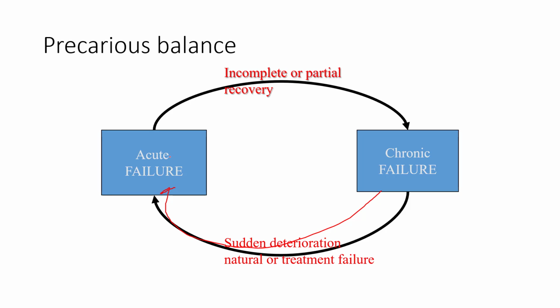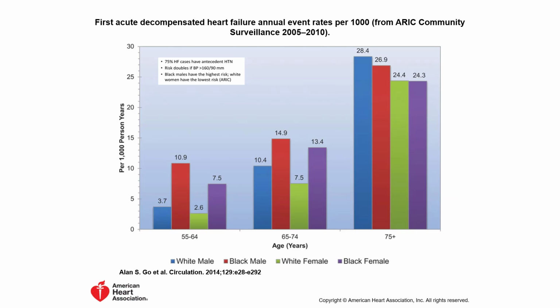The problem is, every time you decompensate with heart failure, your recovery may not be full, right? It's going to be maybe an incomplete or partial recovery, or you're going to have a little bit of a lasting impact on that patient's status. So our goal for patients with heart failure is when they're compensated to keep them compensated, right?